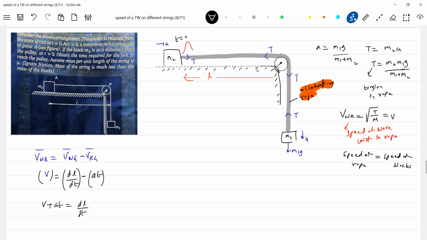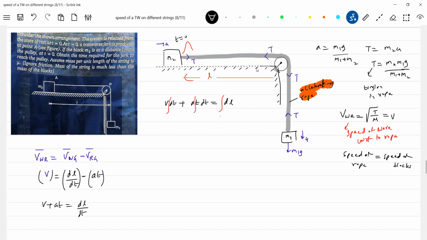So let me go to the next part. We know all the things. Acceleration is a constant. What is v? Speed of the wave with respect to the rope. Okay, let me go for integrating.